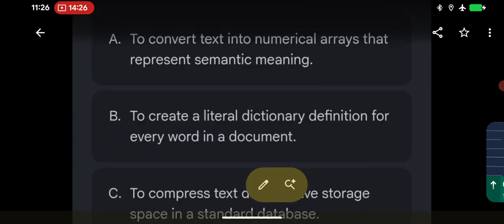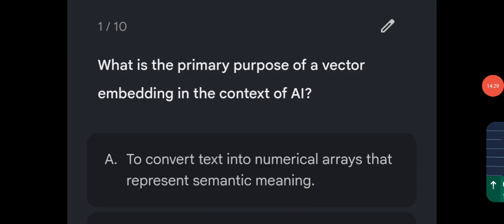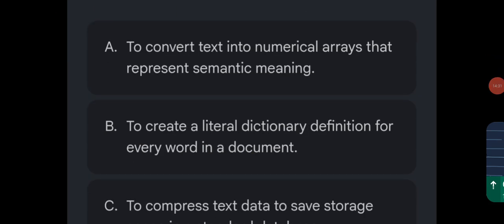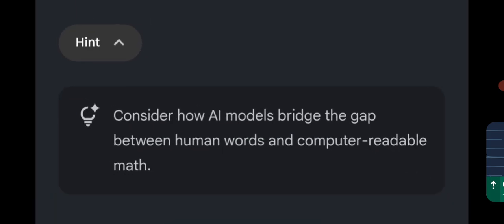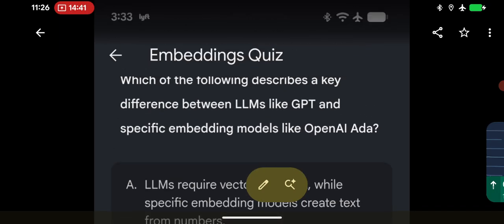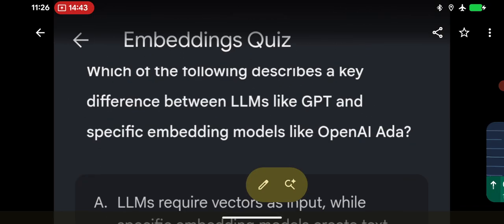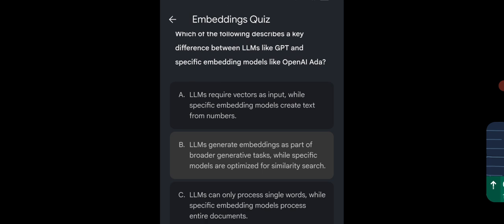So let's see how much we understood by solving the quiz. The first question: what is the primary purpose of a vector embedding in the context of AI? Here are the four options, and here is the hint. Next question: which of the following describes the key difference between LLMs like GPT and specific embedding models like OpenAI ADA?